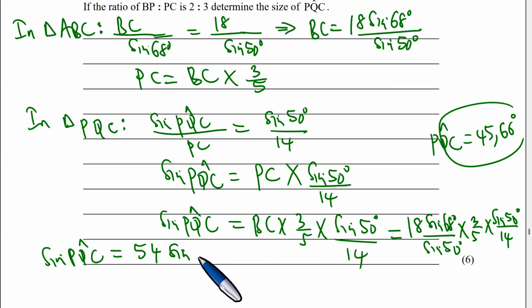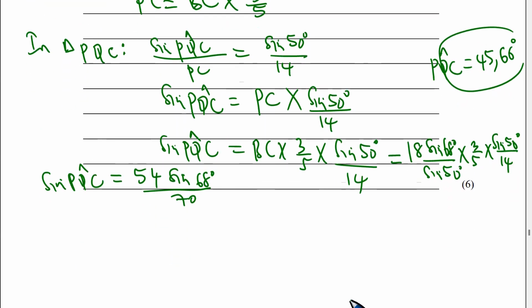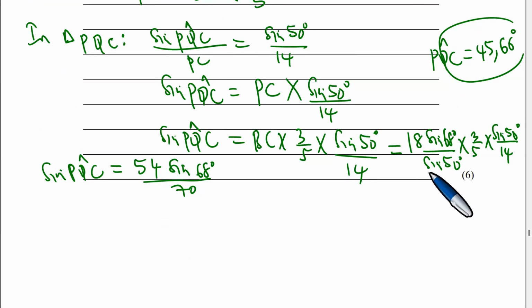The sine of 68 degrees divided by 70. Okay, this is when you move this to here.